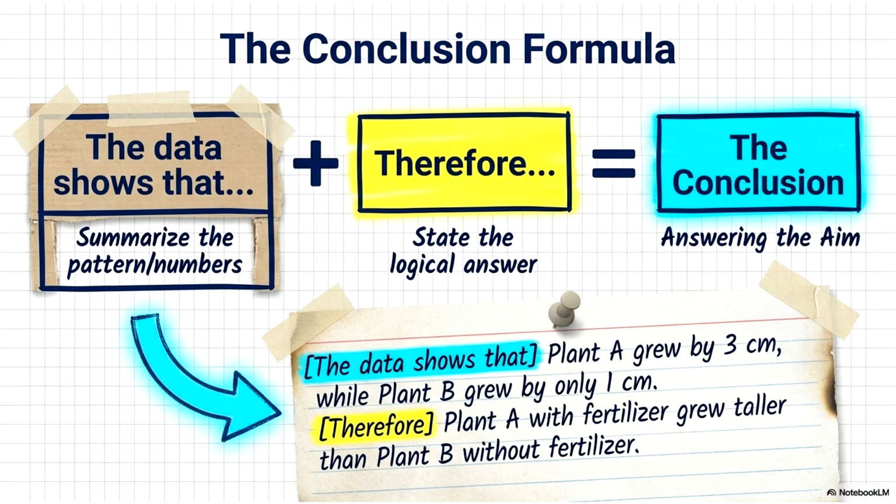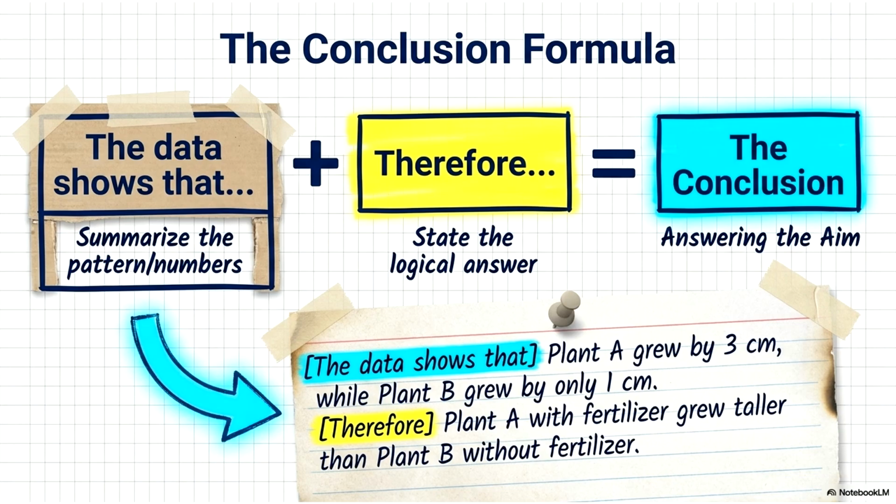For example, the data shows that plant A grew 3 centimeters while plant B grew 1 centimeter. Therefore, plant A grew taller. This formula helps make conclusions clear and easy to understand.